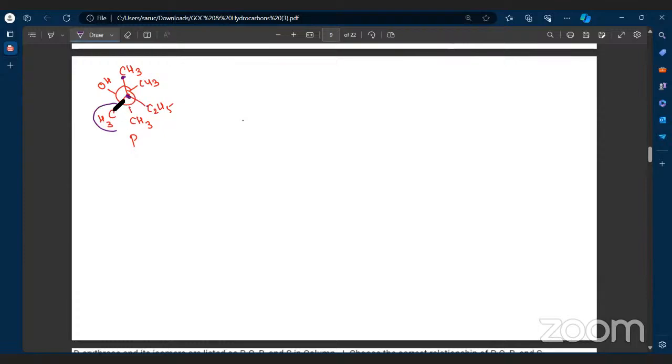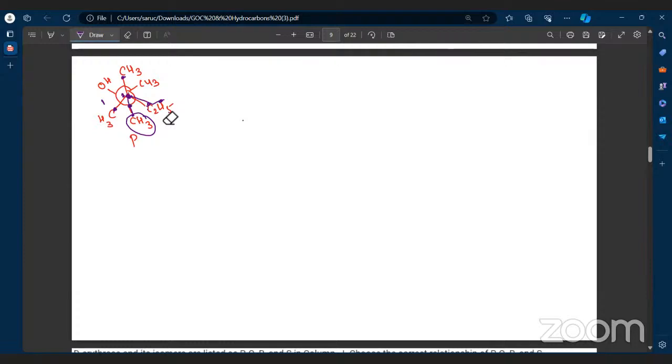This is your first carbon, second carbon, third carbon, fourth carbon, fifth carbon. So this is your parent chain. And here where you have the substituent, you have the substituent on the third carbon.